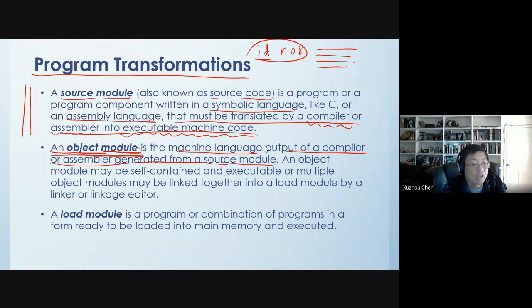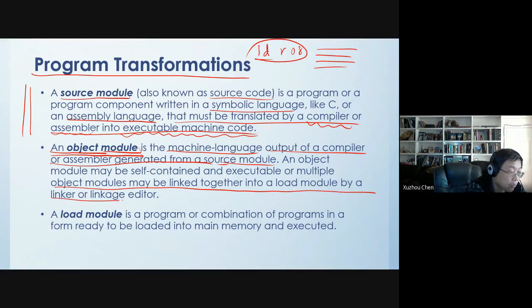You may actually execute the object module to perform the operation, or sometimes the object module is not executable, because the object module requires running some of the functions in the library, so you need to link the object module to the library function. So basically, the object modules may be linked together into a load module.